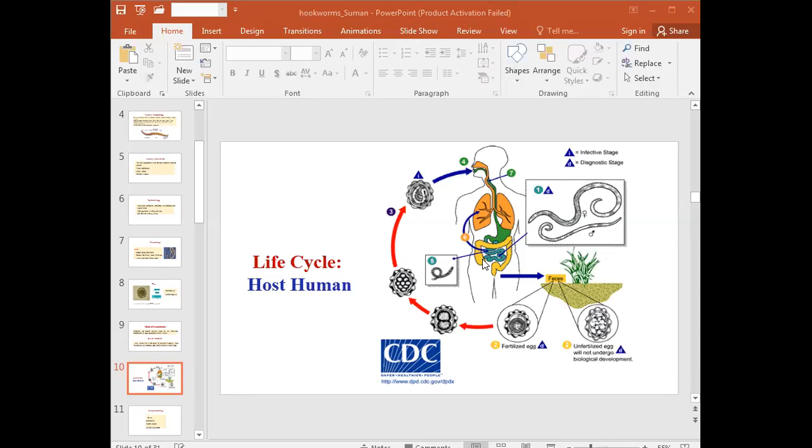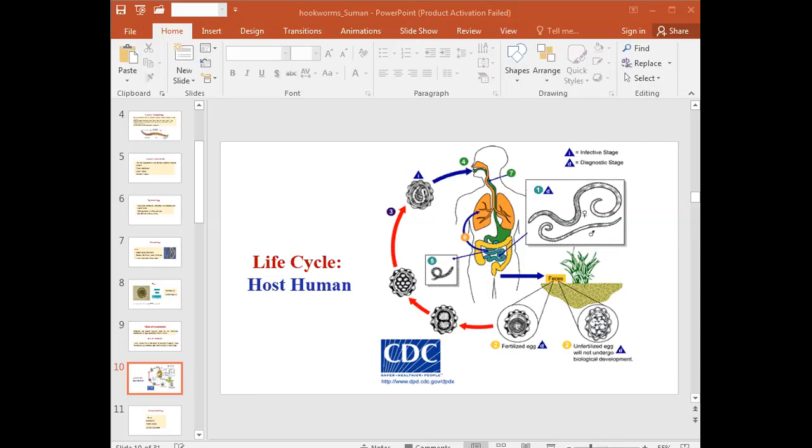It takes 10 to 14 days, nearly 2 weeks, and they penetrate the alveolar walls, ascend the bronchial tree to the throat, and are swallowed. Upon reaching the small intestine, they develop into adult worms. Between 2 to 3 months are required from ingestion of the infected eggs to oviposition by the adult female.